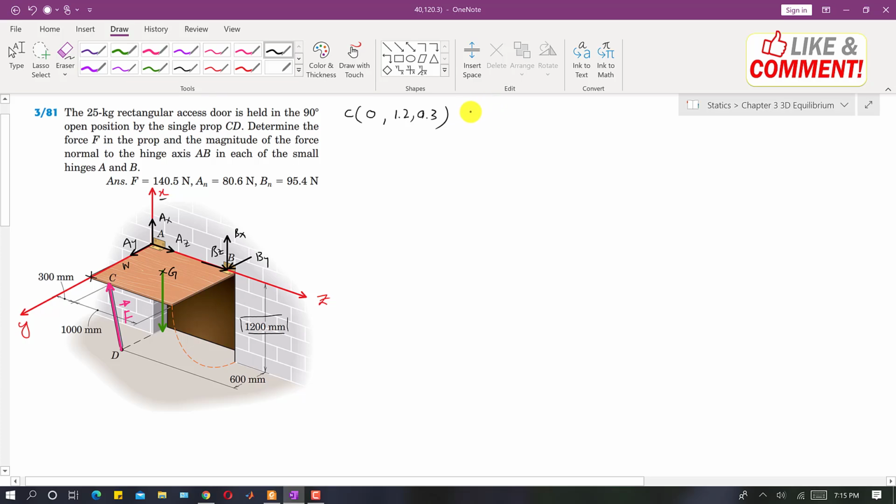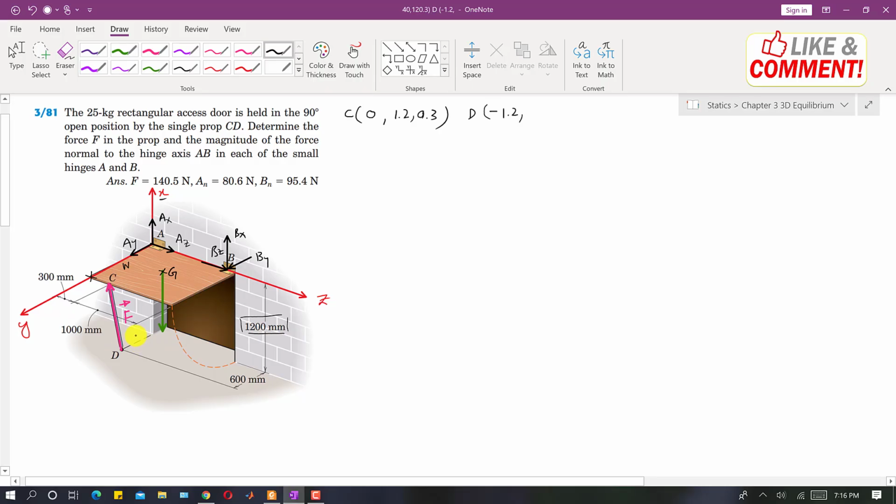Then we have to find the coordinates of point D, right? So to reach this point D, first we have to travel this much distance, right? So along X we have to travel 1200 mm, right? So I will write that this is minus 1.2, and then we will travel this much distance along Y, right? So this distance is how much?